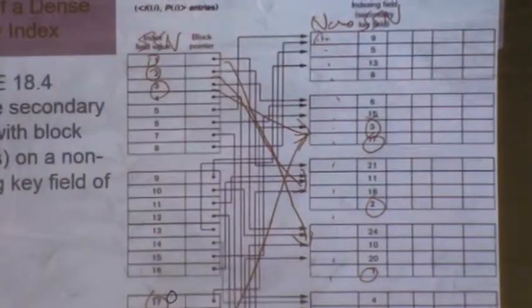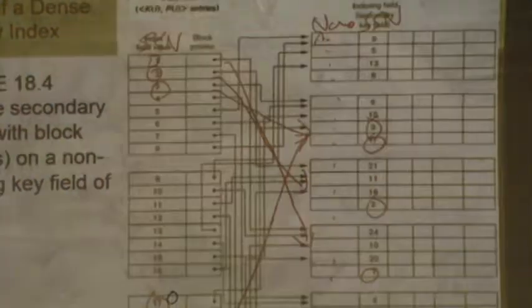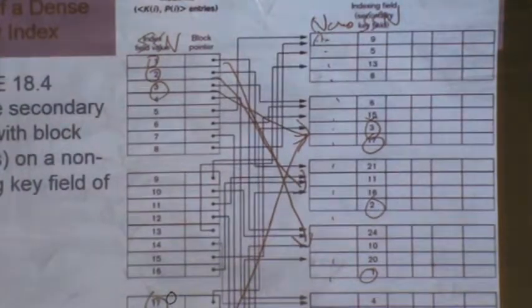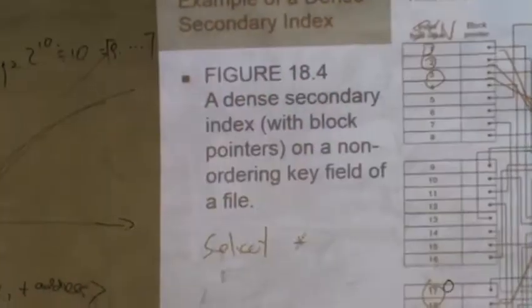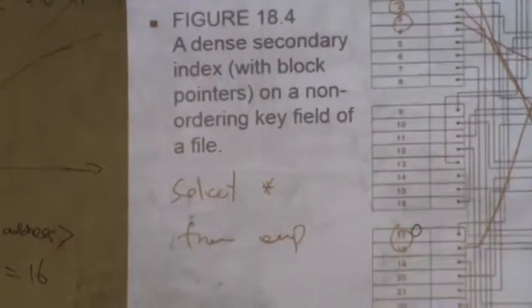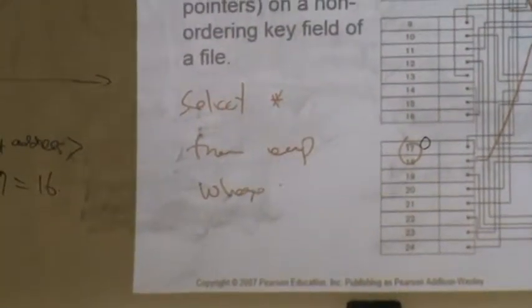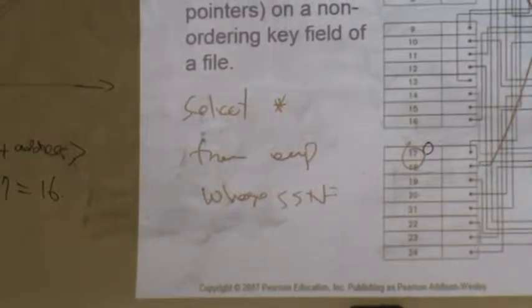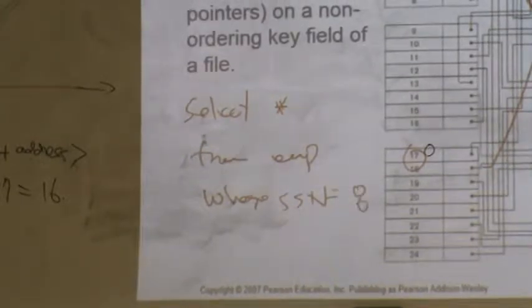Then, how can we search the data? For example, our query is select asterisk from the employee table where SSN is equal to 8, for example. This time, the query optimizer will consider all possible S0, S1, S2, S3. Okay? S0 is possible.